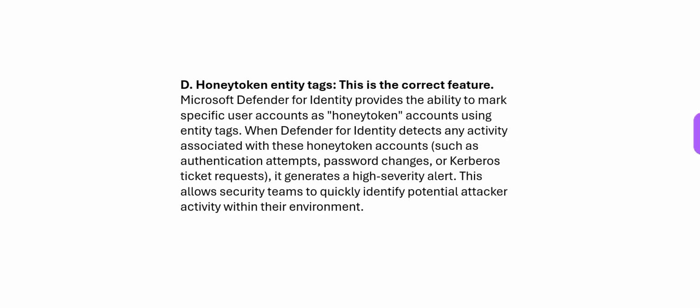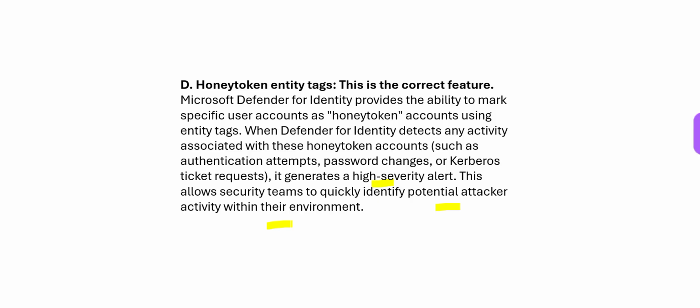It will act like a beautiful girl inviting you, but once you come in, they will screw your life. They will send a high severity alert, so security teams can quickly identify potential attacker activity within their environment. So that way they come to know, okay, some idiots are there.